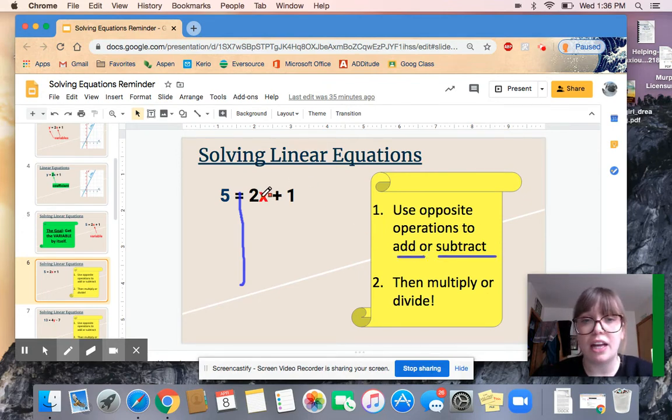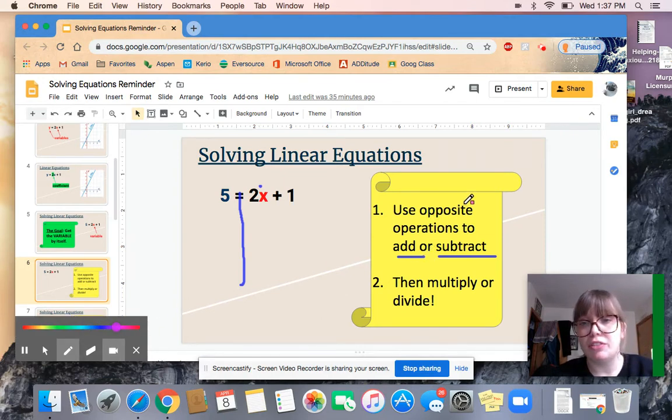I see that I have a 2 next to an x right here. 2 next to an x, I hope you remember, means to multiply. So right now there's multiplication happening right there, but this plus 1 is being added, right? So that means I have to use my opposite operation to get rid of the 1.